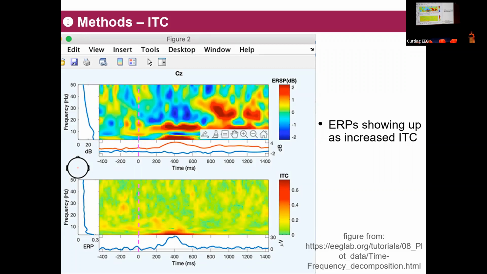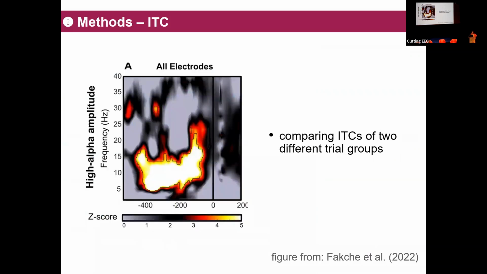So maybe when it's more interesting to look at this measure is if you compare two different trial groups, for instance. So this was an experiment where the participant was stimulated with TMS over the visual cortex, and then had to report, did I observe a phosphene or not?